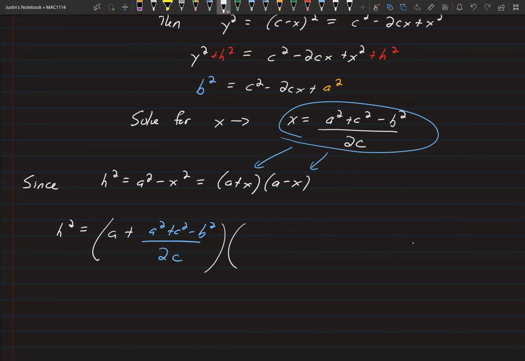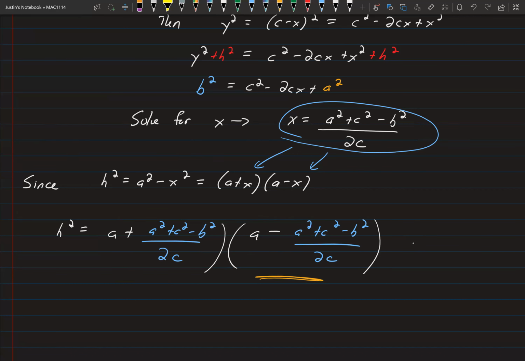And then a minus x, again, a squared plus c squared minus b squared over 2c. We plug in for those x's. And now I'd like to combine both of these terms, these two terms here and these two terms here. So we can see that the least common denominator is going to be 2c.